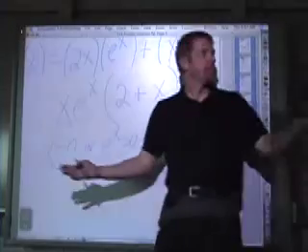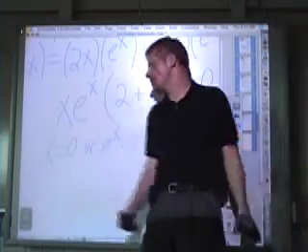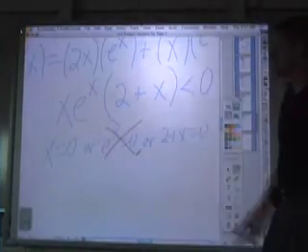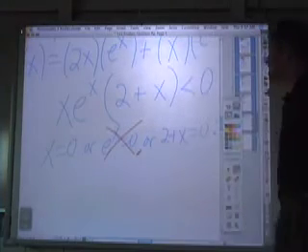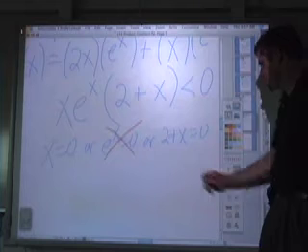E to the x is never equal to 0. We saw the green graph on page 6. It has no x-intercept. So we can ignore this one. It's going to give us no solutions. There's a boundary value right there at x equals 0. Here's another boundary value at x equals -2.